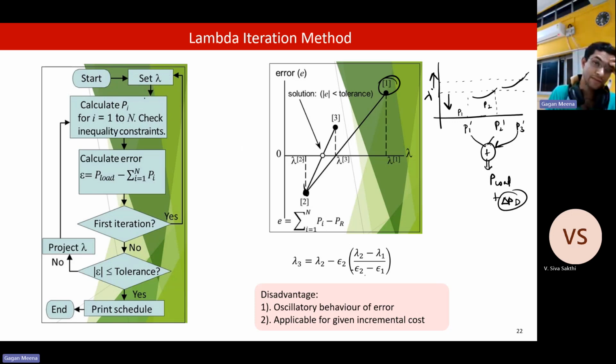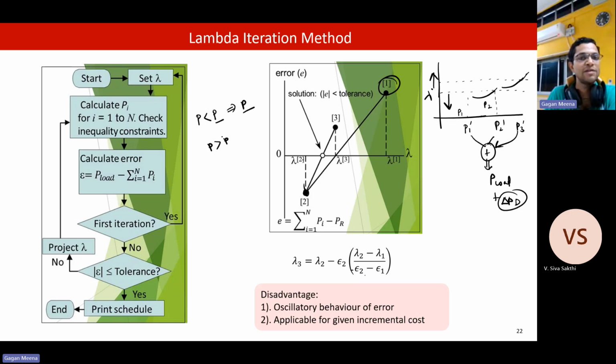Now starting with this lambda, we can calculate. Now we have the average lambda. For this lambda, we can calculate Pi and then check the constraints, whether the lower or upper limits are hit, and update in that way. If a generator goes below its lower limit, then make it the minimum value.